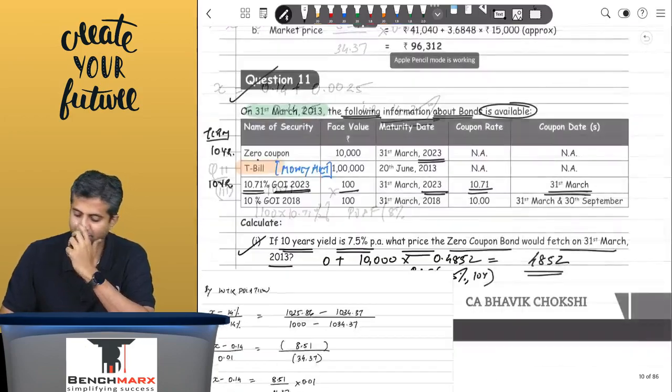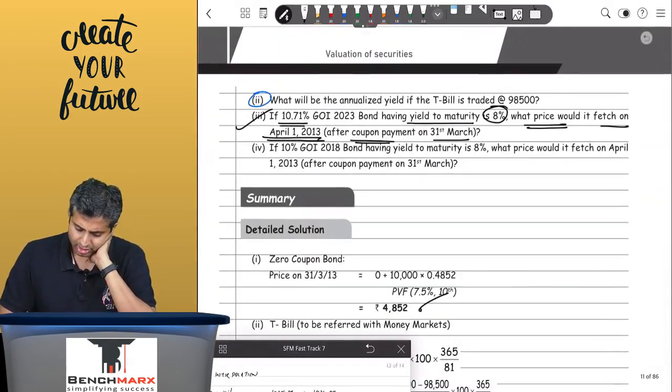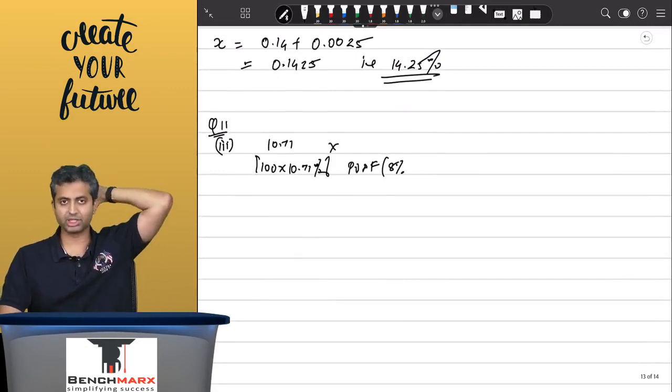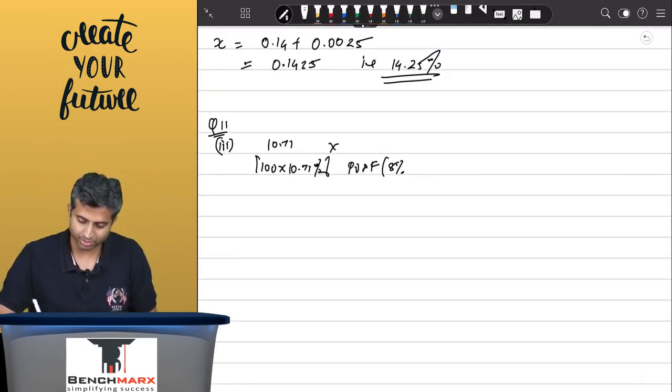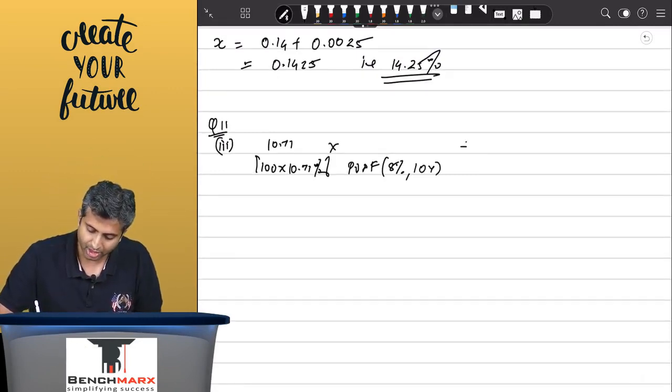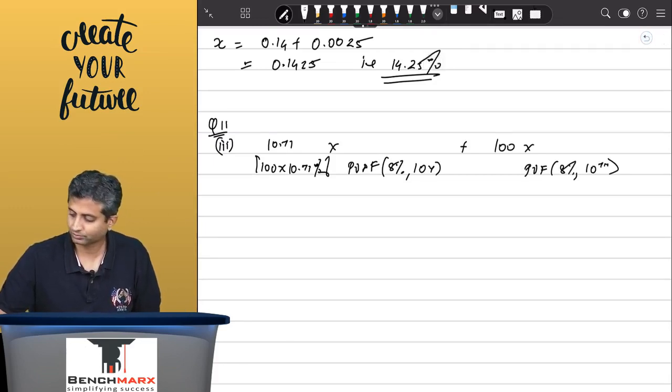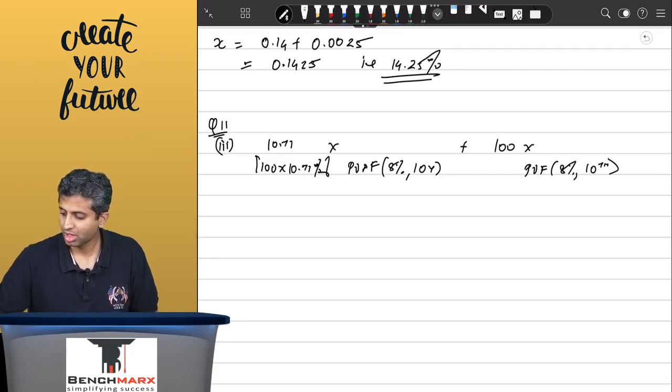Over here, this is given as 8%. So your answer has to be greater than 100 in my understanding, because the discount factor is 8% and you are getting 10.71% for 10 years, plus 100 into the present value factor at the rate of 8% for the 10th year. 1 divided by 1.08.